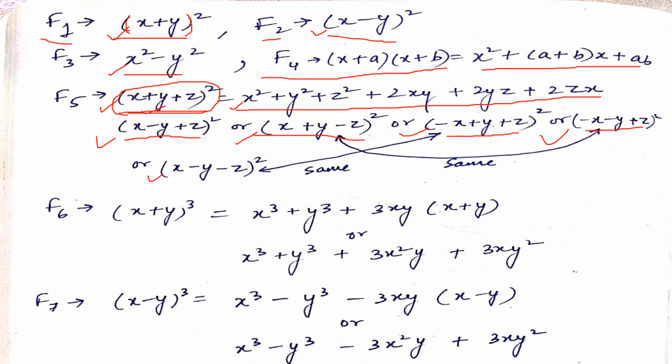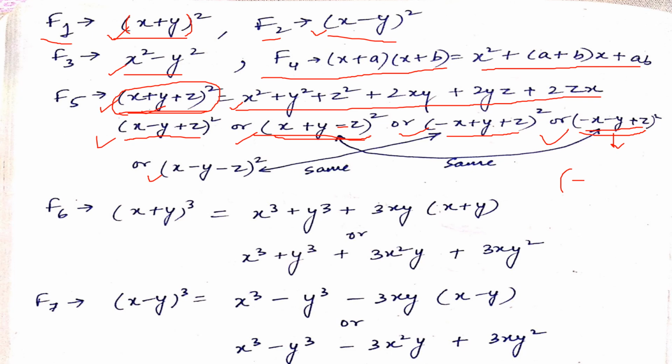One more thing I wanted to tell you, that this thing (x + y - z) and (-x - y + z), they are the same things. What it means is that whether you take z as negative or you take minus x and y as negative, they both are the same. How? Let me show you. Suppose this one, you take negative as common, what will happen?